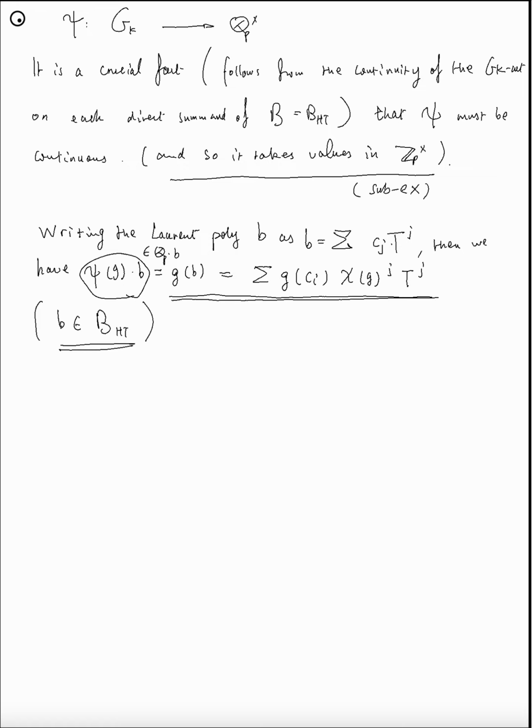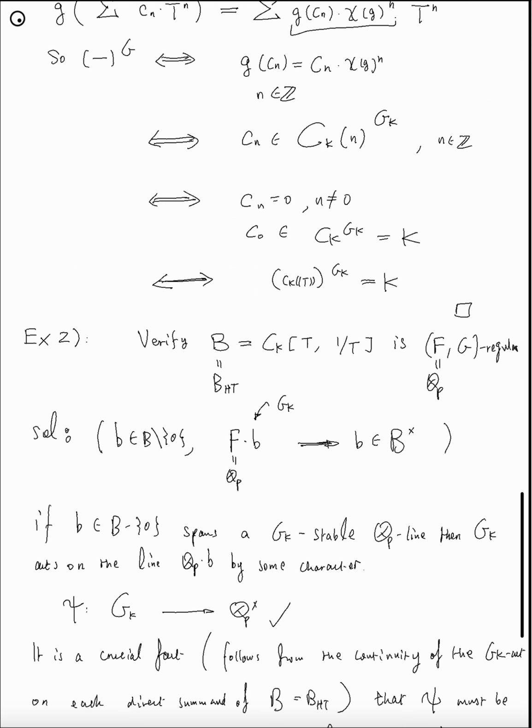I mean, this character is just because it's stable, it's JK stable. So how is this defined? Say of J is actually defined so that J acting on b equals C of J on b, and this C of J exists because this is claimed to be JK stable.